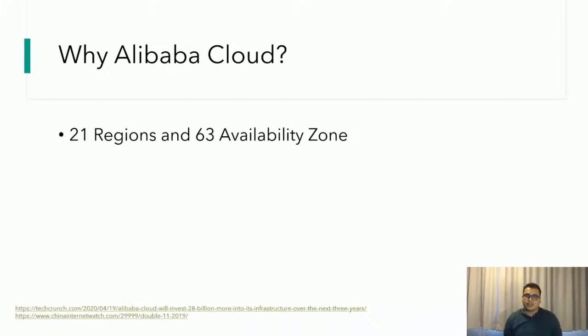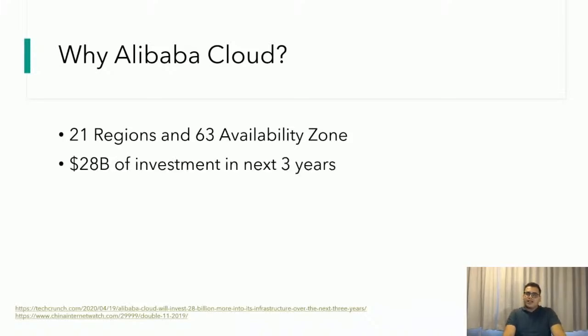Alibaba Cloud is not new, and they are expanding exponentially. Presently they have around 21 regions globally, which include 63 availability zones, each being multiple clusters of physical locations which become one availability zone. So you can understand it's a huge infrastructure which they have already expanded globally.